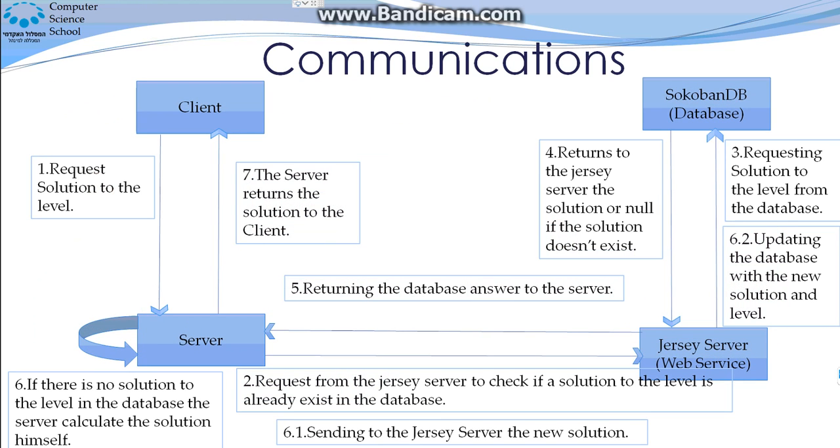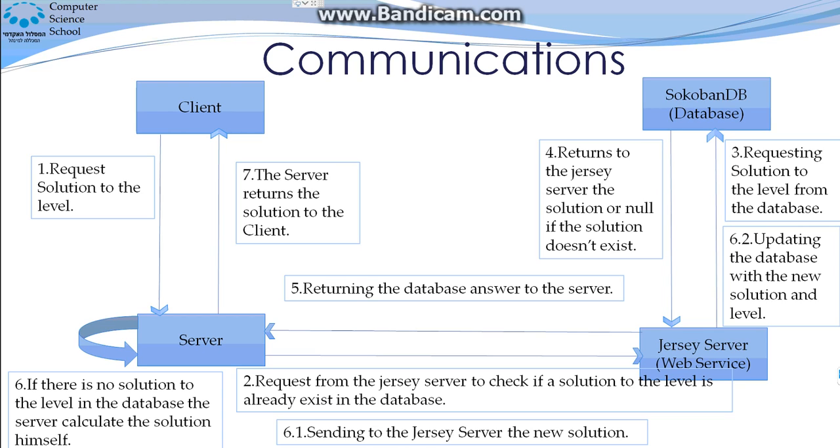Now we will see the communications. First, we have the client. The client requests a solution to the level from the server. The server will request the Jersey server to check in the database if there is already a solution existing in the database. The Jersey will return the answer that contains the solution, or contains null if there is no solution in the database.